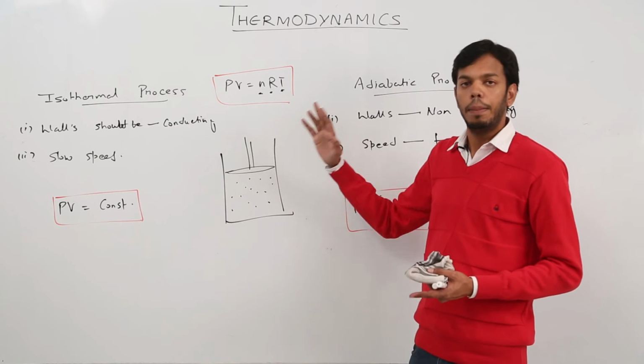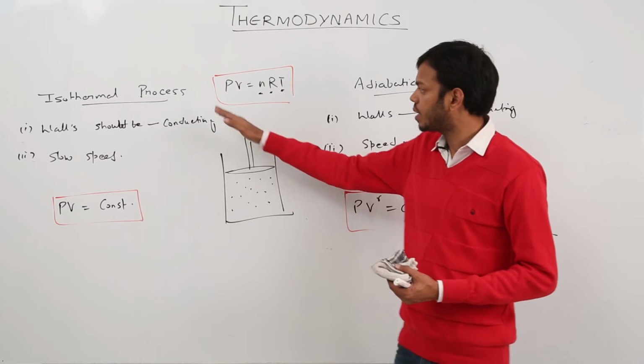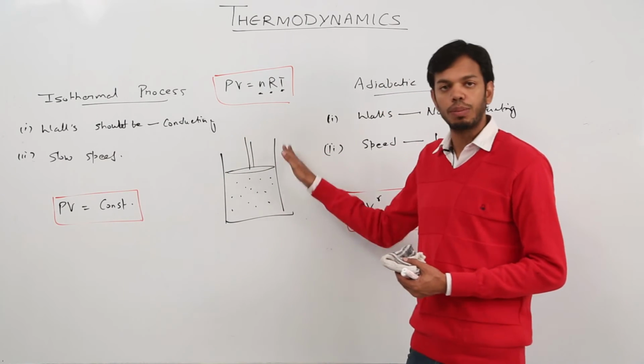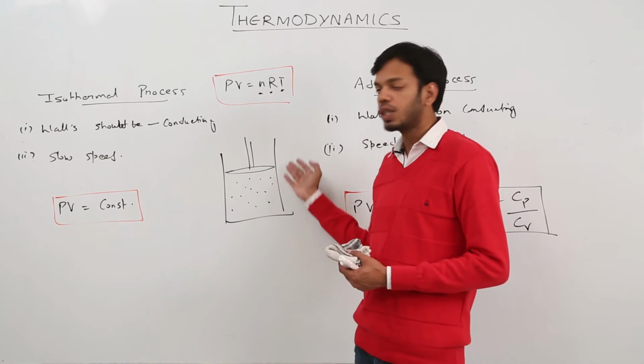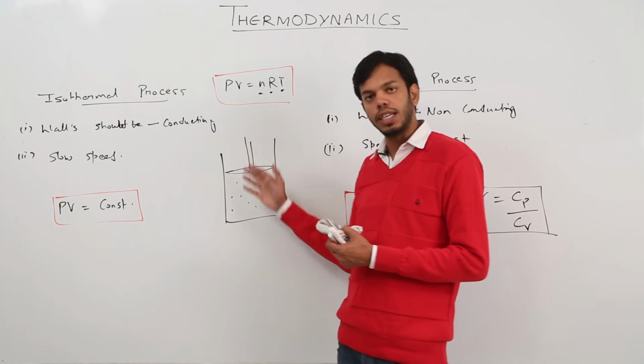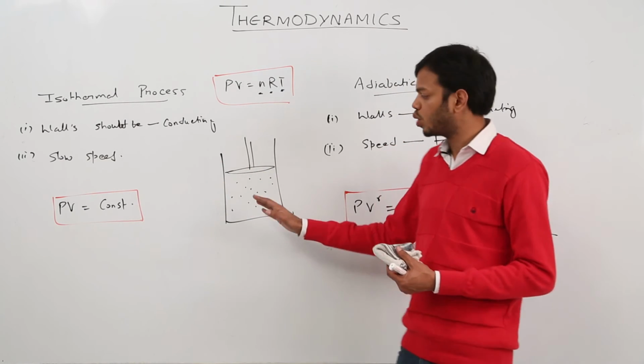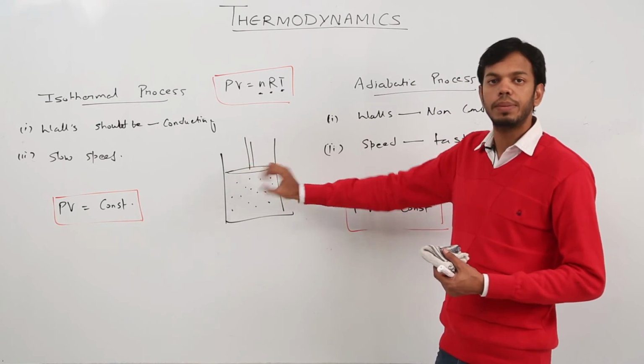But given sufficient time, that heat is going to get released through these walls to the surroundings. So the temperature will keep increasing, but at the same time it will keep getting transferred to the surroundings, so the temperature of this system will remain constant.